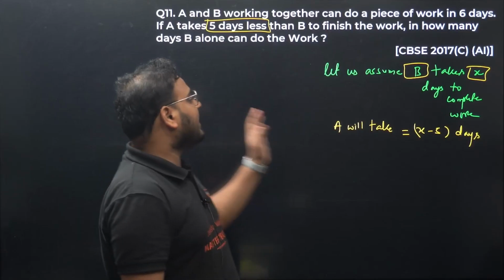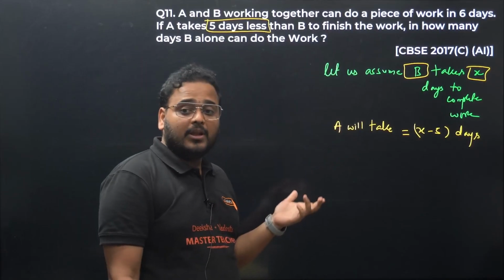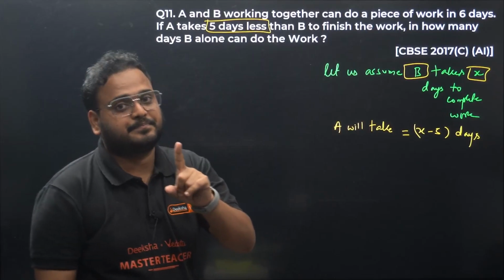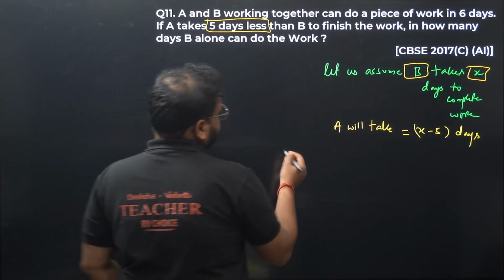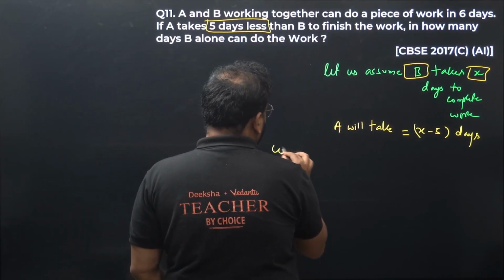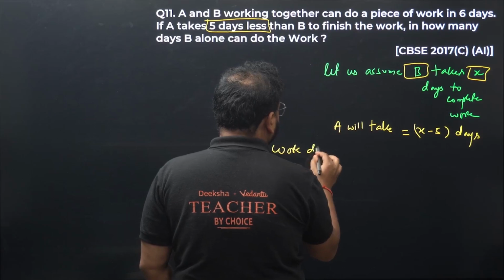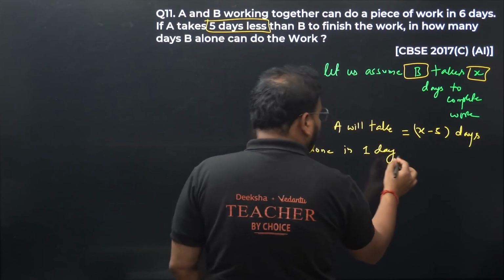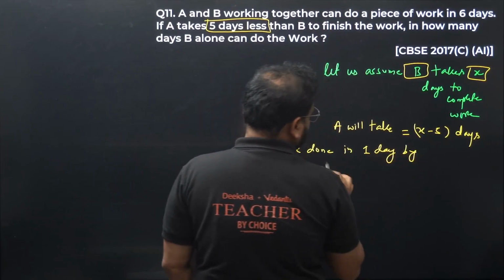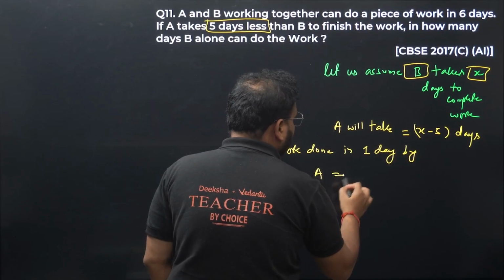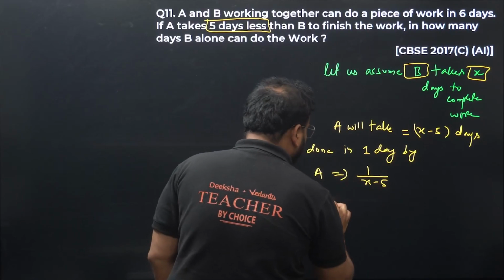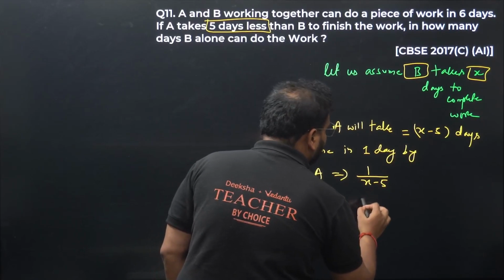So basically understand how much work A and B will finish individually in one day. Work done in one day by A will be 1 upon x minus 5, and by B will be 1 upon x.